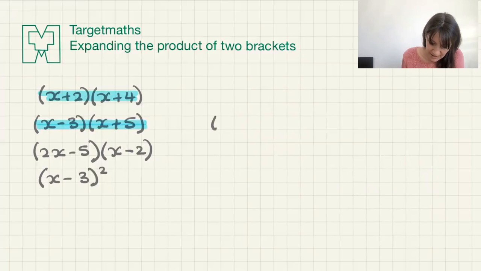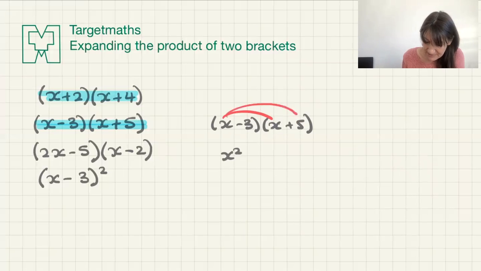So we've got x minus 3, x plus 5. So exactly the same, don't change a thing. X times x is x squared. X times 5 is 5x.